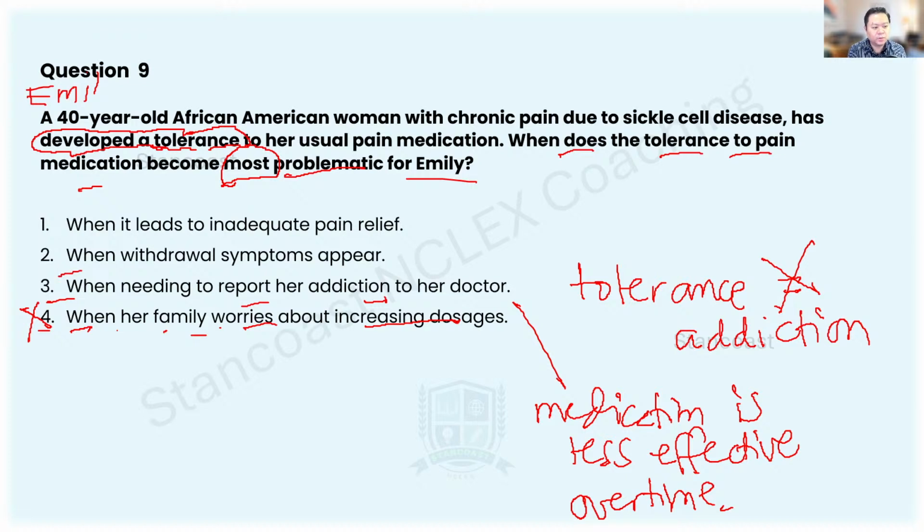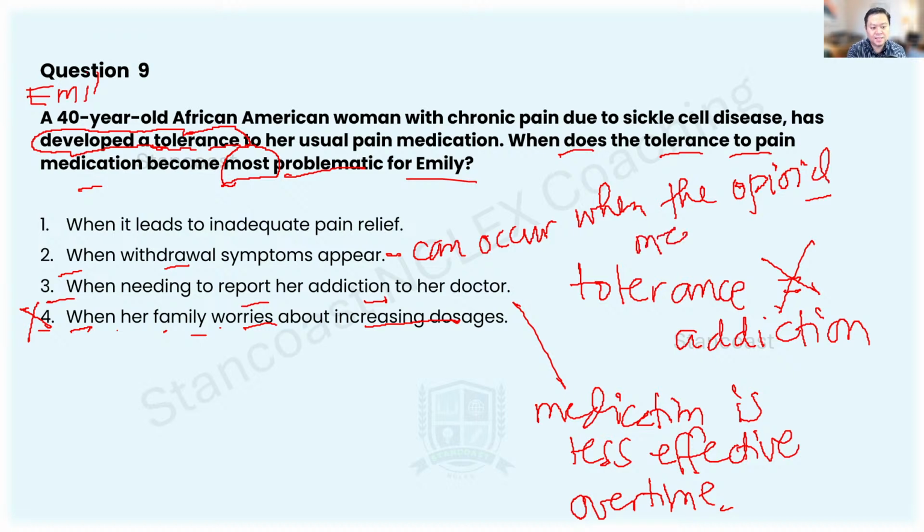Okay, number 2. When withdrawal symptoms appear. What does that mean? Well, this can occur when the medication, the opioid, because we are talking about the usual pain medication, right, is suddenly stopped. But it's not about the tolerance.